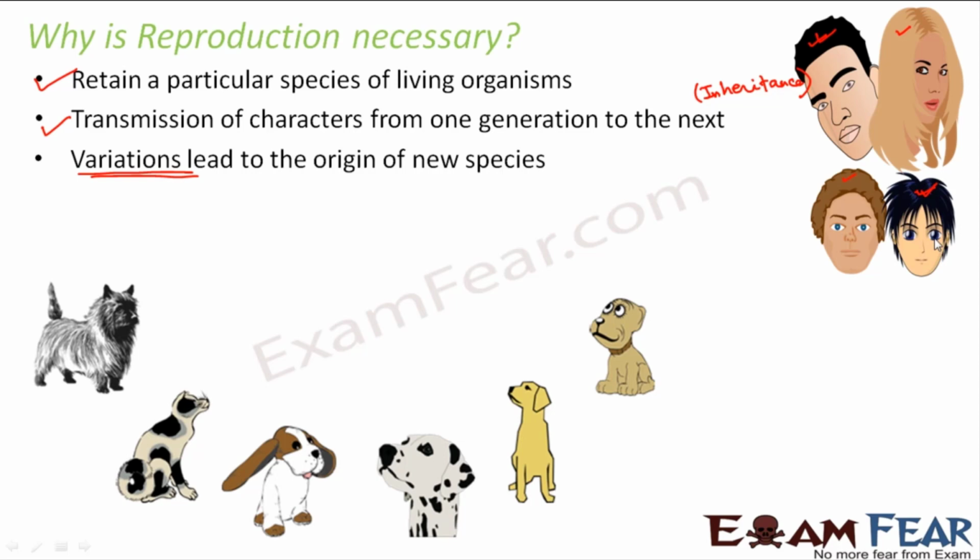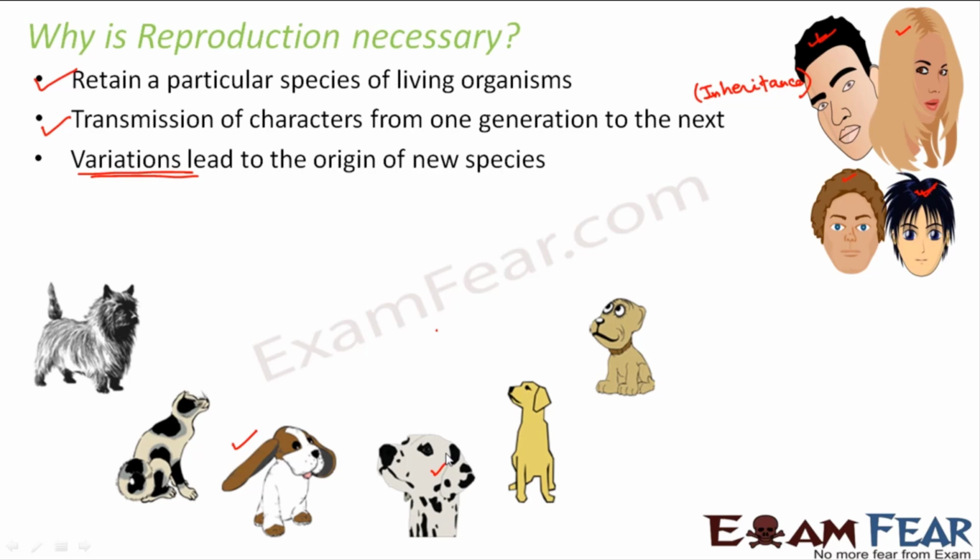Now when that dog again reproduced later, again maybe one of their children had some new character, that their children had big ears, and along with big ears, they also had a spotted body color, somewhat like this. So here you can see this dog has got big ears, this dog has got spotted color.